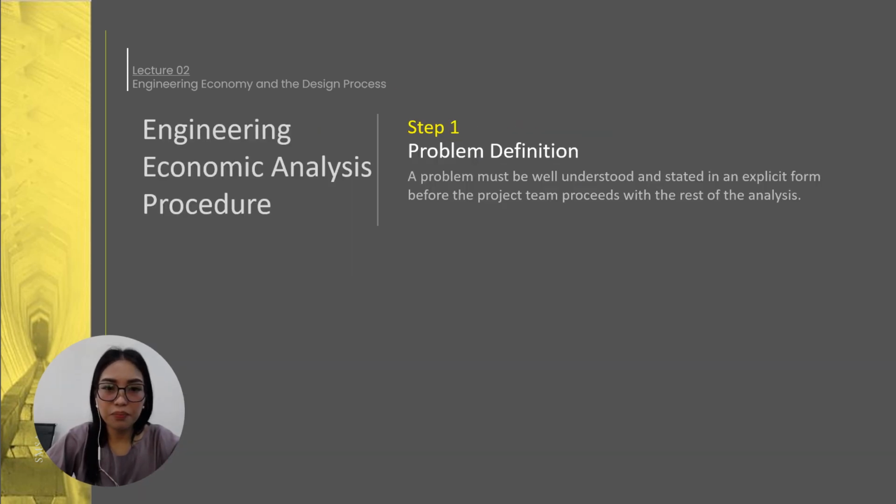The first step of the engineering economic analysis procedure is particularly important since it provides the basis for the rest of the analysis. A problem must be well understood and stated in an explicit form before the project team proceeds with the rest of the analysis.